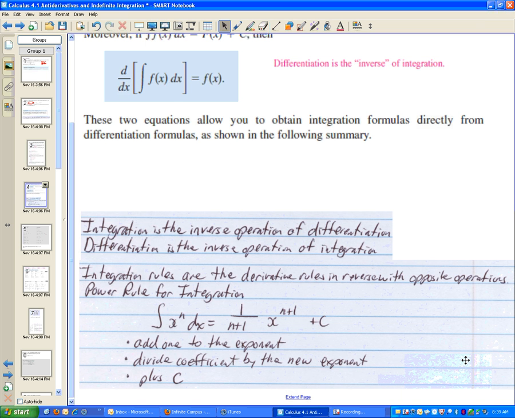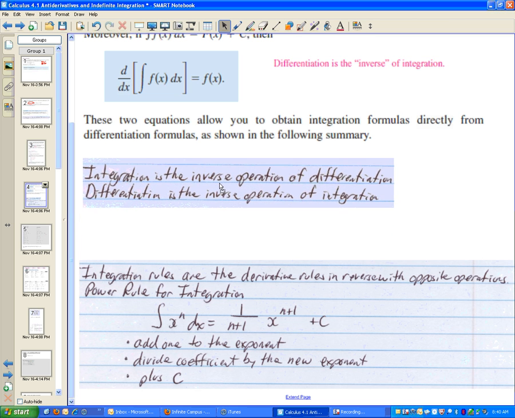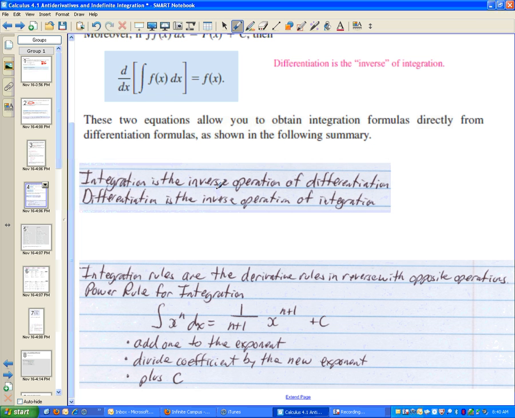So integration is the inverse operation of differentiation, and differentiation is the inverse operation of integration. And that leads us to this.